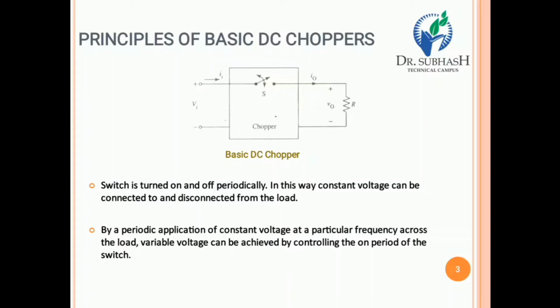In this way, the constant voltage can be connected and disconnected from the load. If the switch is closed, the load is directly connected, and if the switch is open, the input is not connected with the load.